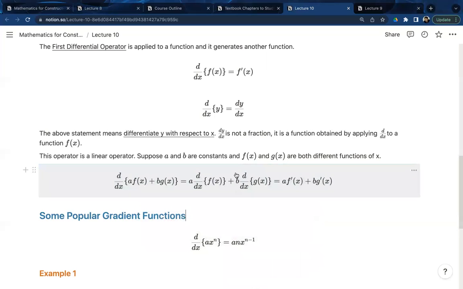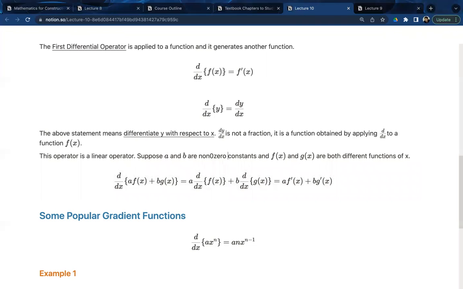A linear operator means the image of a sum is a sum of images. Okay, so here we're trying to differentiate two separate functions, and each function, f of x and g of x, has a number in front of it, a constant a and b. Let me say non-zero to make sure, right?